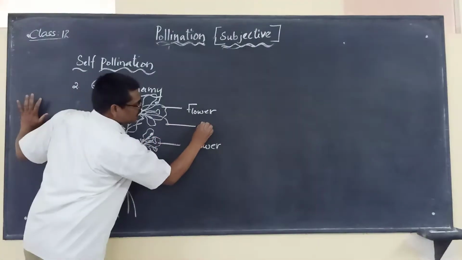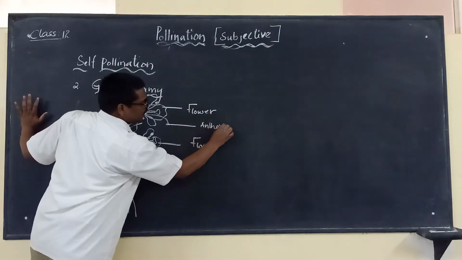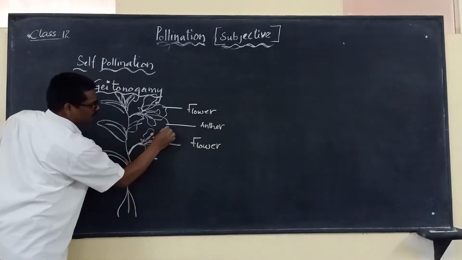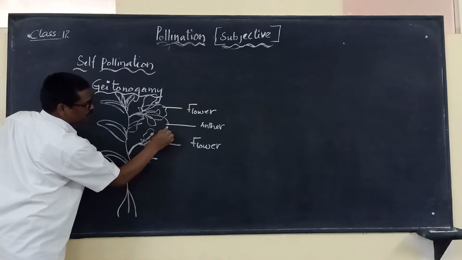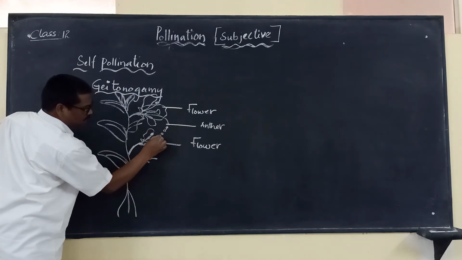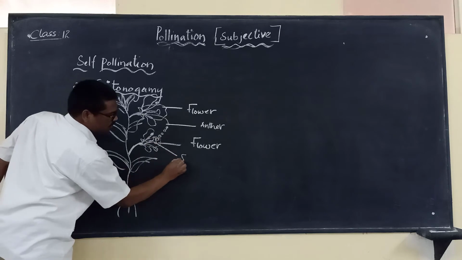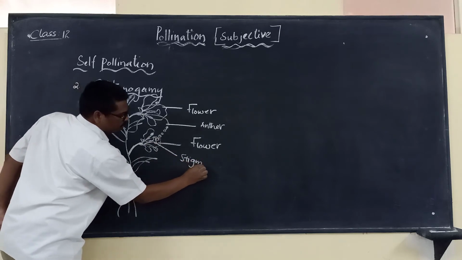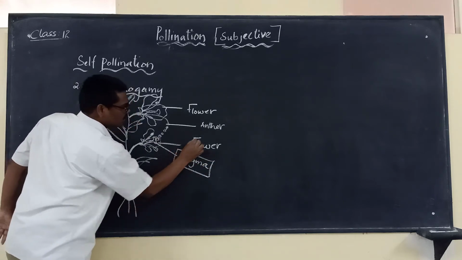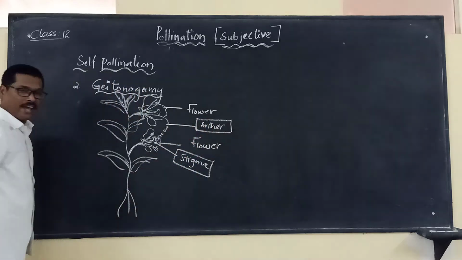Let us say that this is the anther. So pollen grains are falling now. These are the pollen grains. When the pollen grains are falling and reaching onto the stigma, this is the stigma and this is the anther.